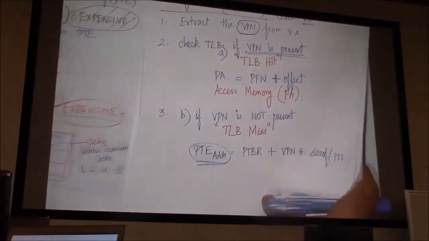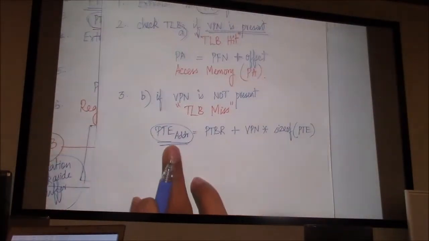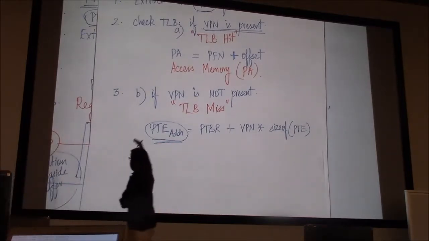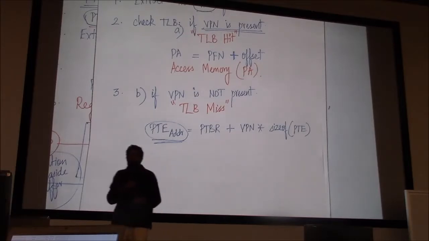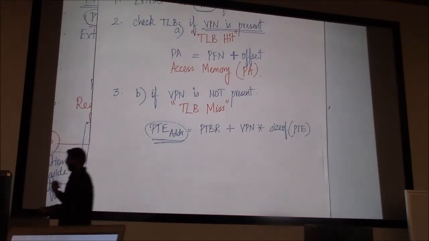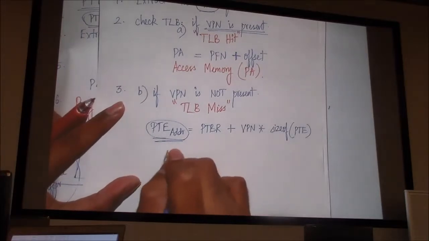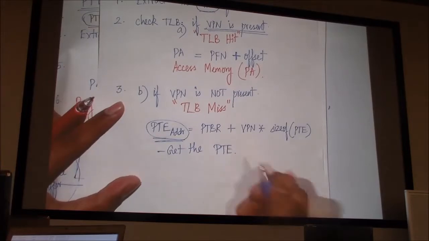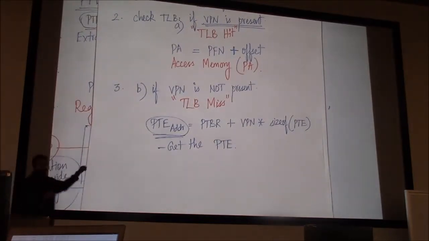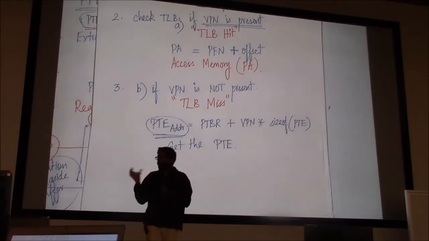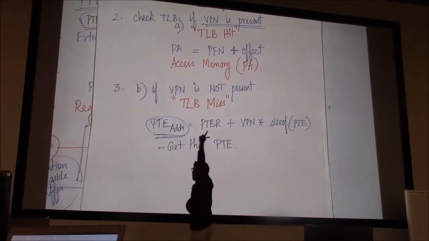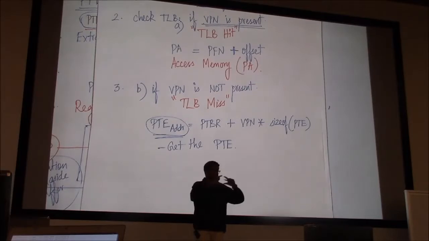Now in this case, you go and access this page table entry, but here in the TLB miss path, let's first just go get the corresponding PTE. Using this page table entry, we are not going to calculate the PFN; instead, we are just going to update the TLB with this particular page table entry.